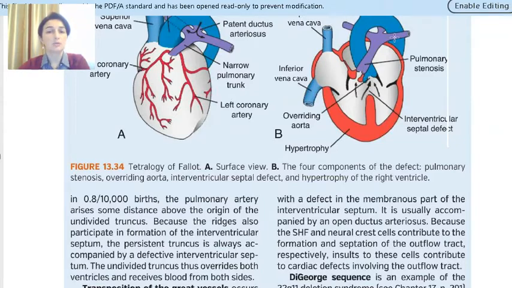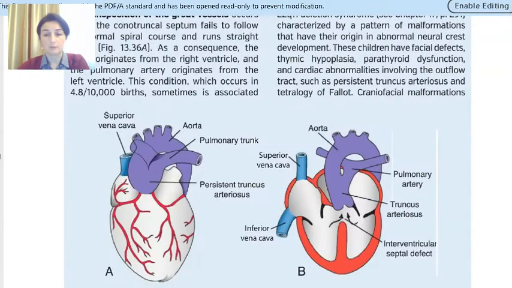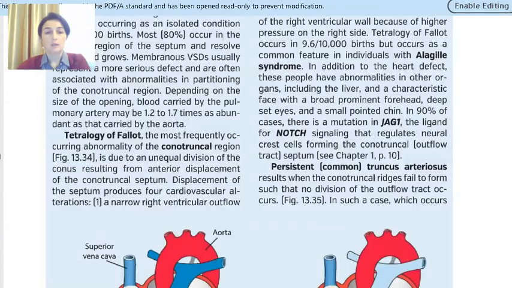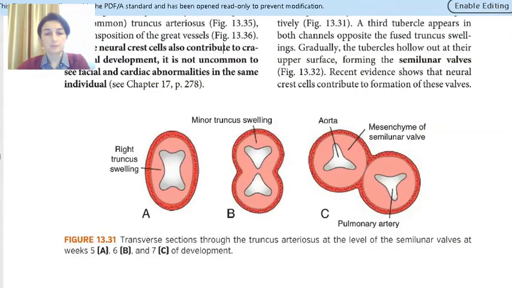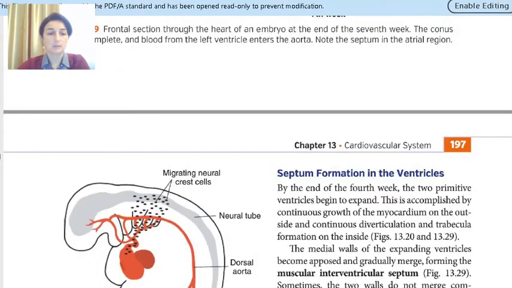So tetralogy of Fallot will also be associated with different defects in the face of the embryo, which we also must not forget. Here are the secondary heart field cells, migrating cells that come towards the heart tube and its outflow tracts.